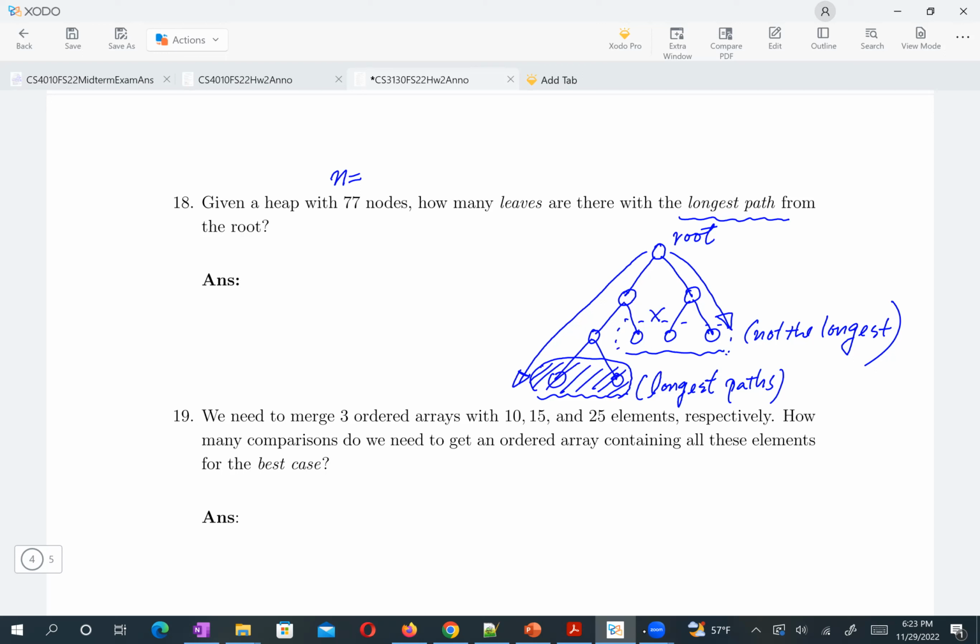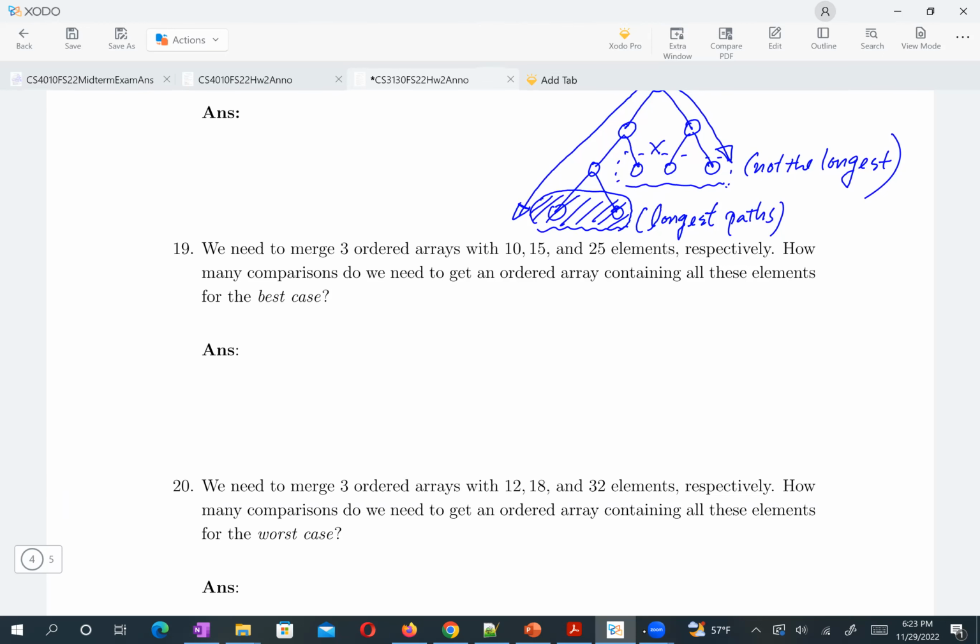You need to figure out a simple formula to calculate these shaded leaves in this diagram. So that's the meaning of this question.